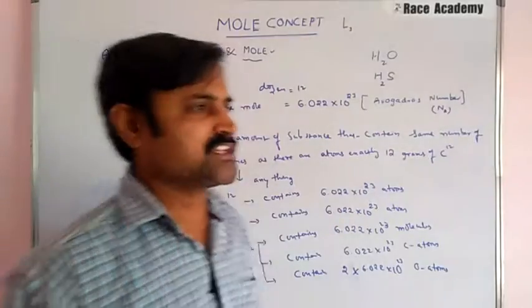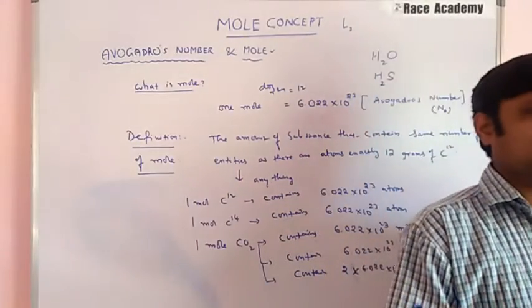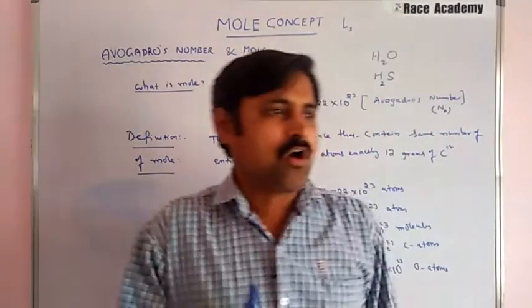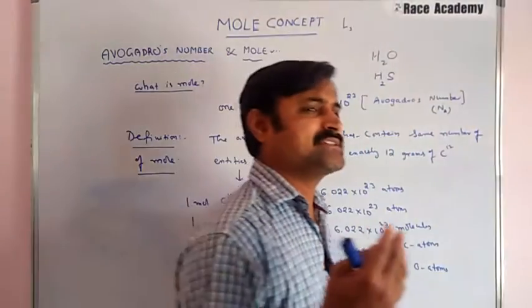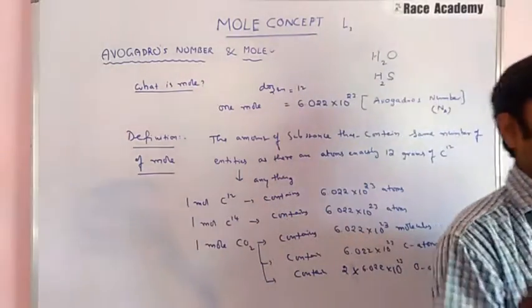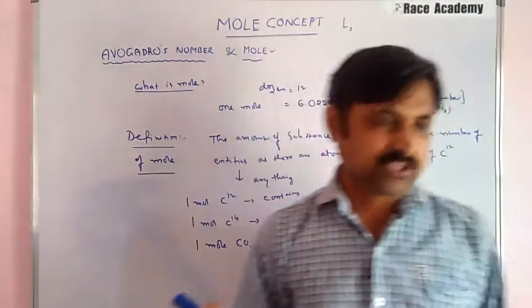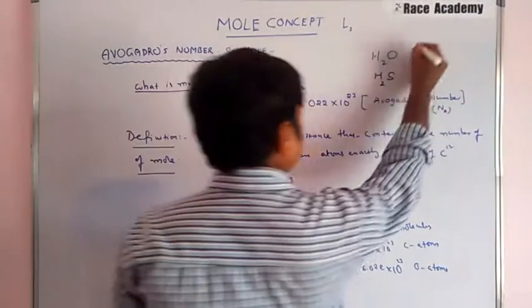Suppose you take oxygen: 16, 17 and 18 are there, but the average is taken. Likewise, iron atoms are considered to have an atomic mass of 56, but exactly it is 55.85 atomic mass units, whereas sulfur is 32.